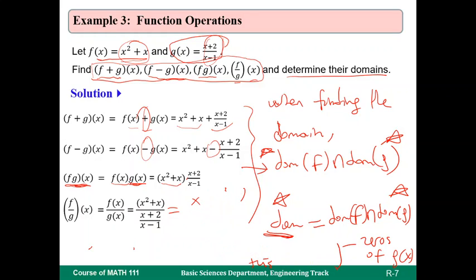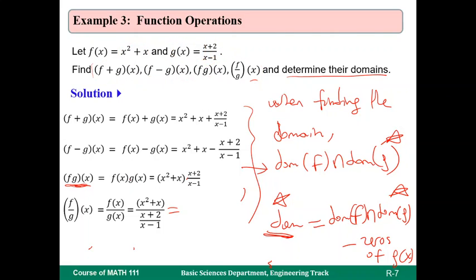Okay, now how can we find the domains of such functions? We said for three of them, it's the domain of f intersection domain of g. So it's better we find the domain of f and the domain of g first. The domain of this function is a polynomial, defined everywhere, so the domain will be all real numbers, because you can take the square of any real number and add it to another real number.